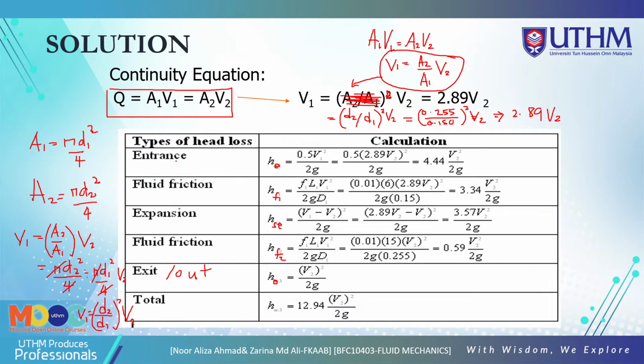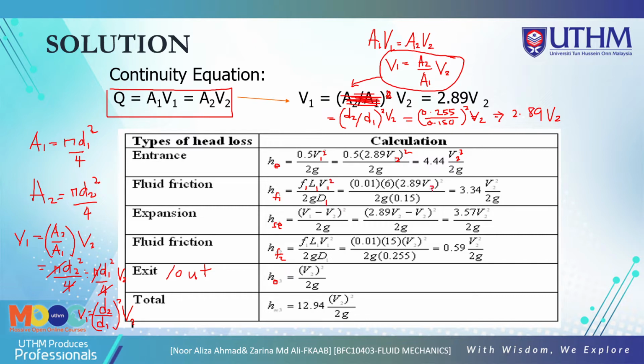Now the entrance, we know that 0.5 V1 squared over 2G, and you get the value of this in terms of V2. This is F1, L1, V1 squared over D1.